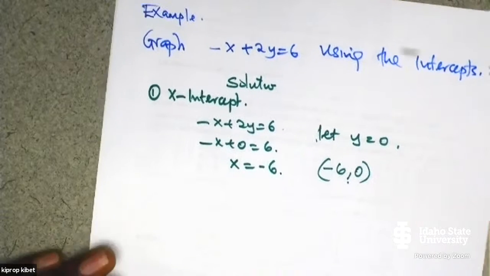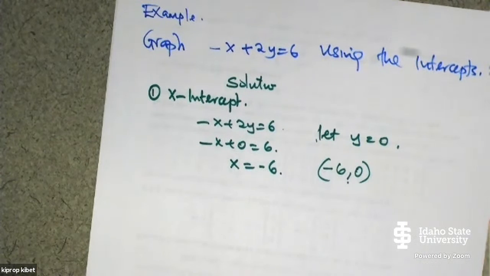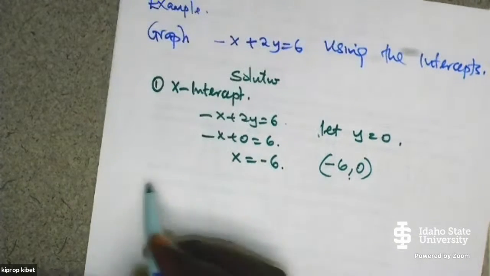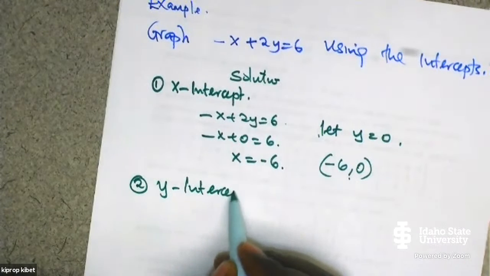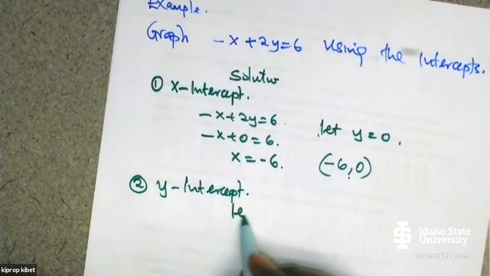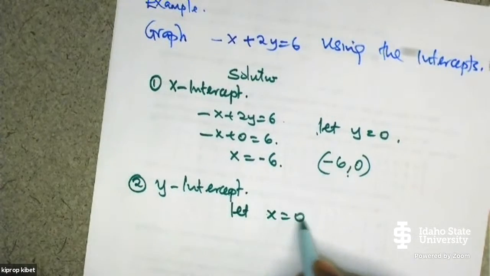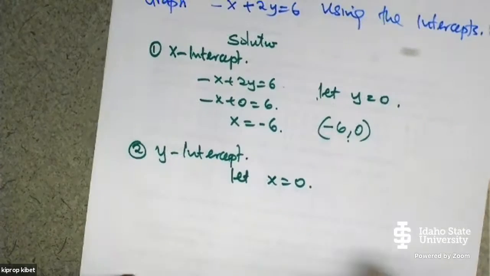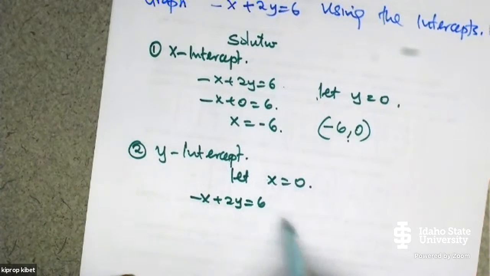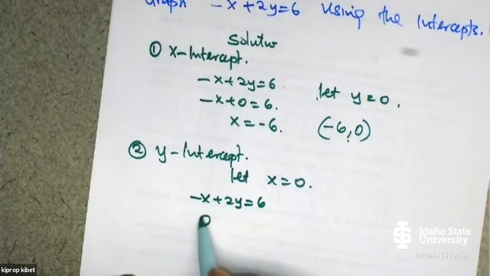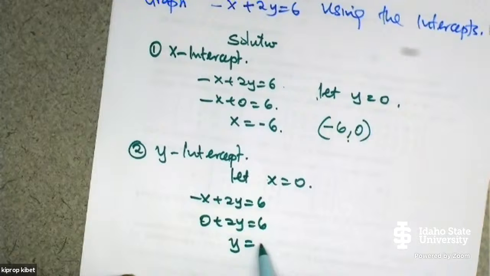That is one point. Then number 2, we get the y-intercept, where we let x be equal to 0. When you let x be equal to 0 in this equation, then it will be 0 plus 2y equals 6, so our y equals 3. What is our coordinate there?